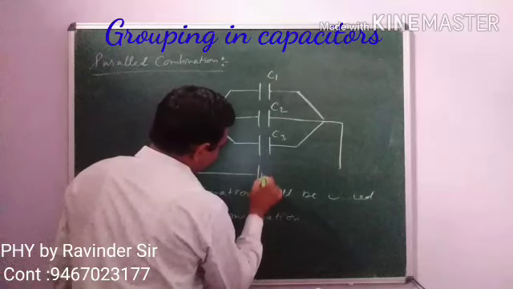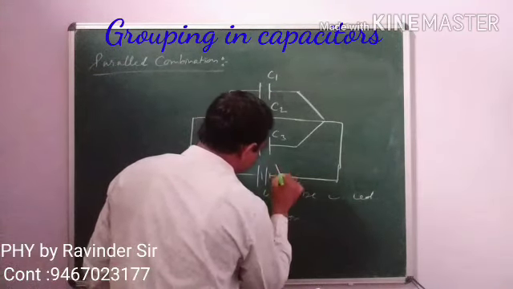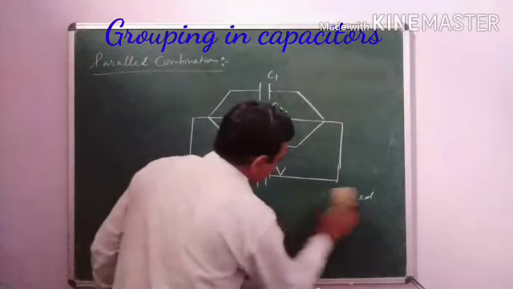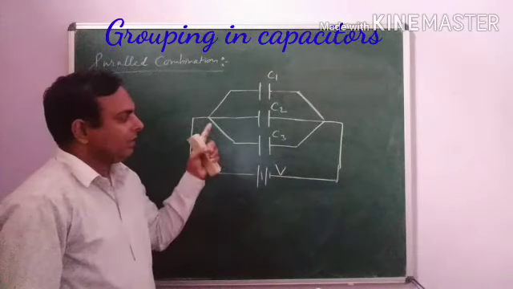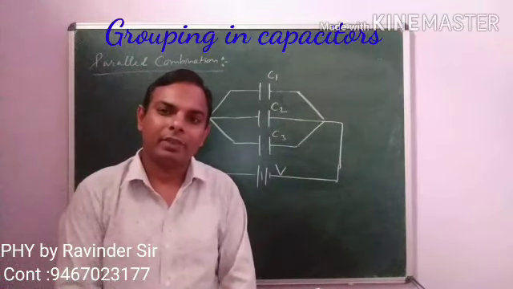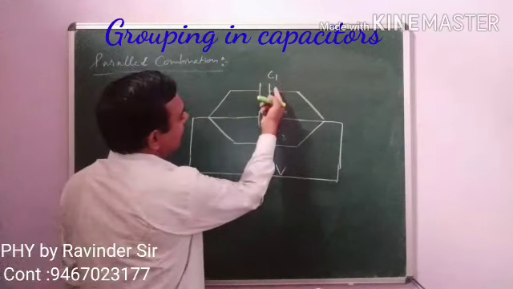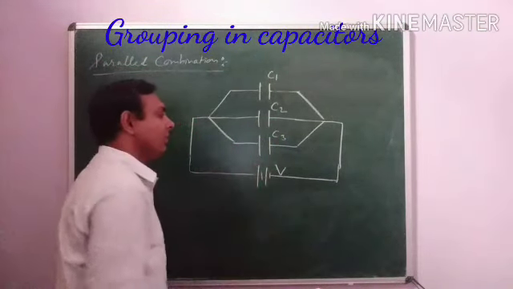Now connect the battery having potential difference V. That is, total voltage is V. In this figure, we note that total potential always remains constant. That is, across C1 the voltage is same, across C2 the voltage is same, across C3 the voltage is same.